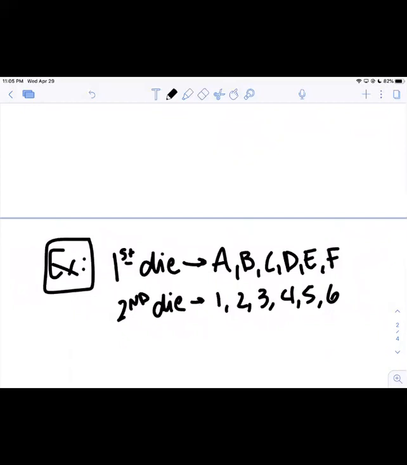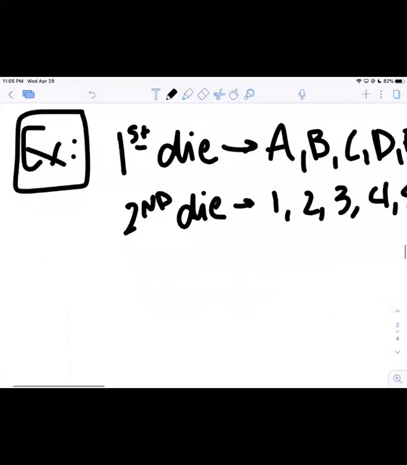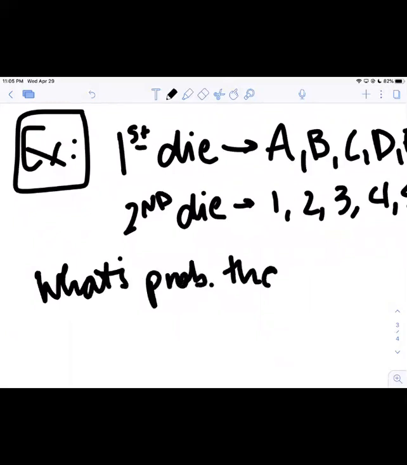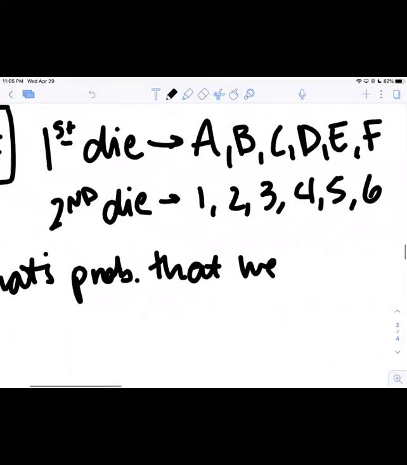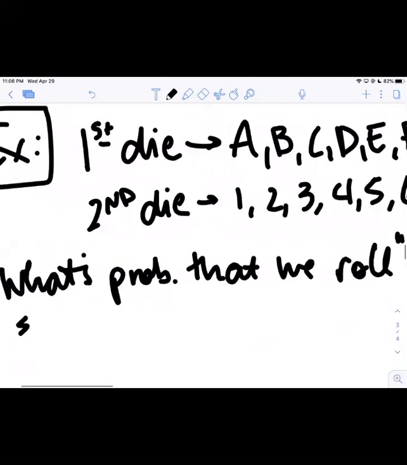So what's the probability? I'm going to roll both dice. What's the probability that we roll D on my first die and an odd number on my second die?